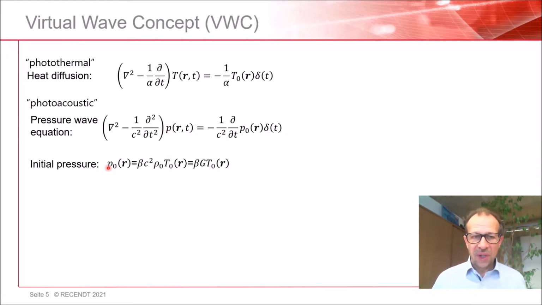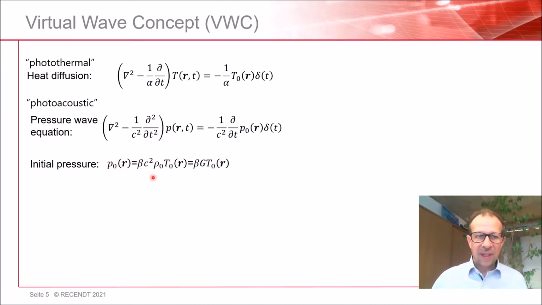But of course we know that the initial pressure distribution P0 is just proportional to the temperature heating for a short pulse, and this temperature increase is proportional to the initial pressure.